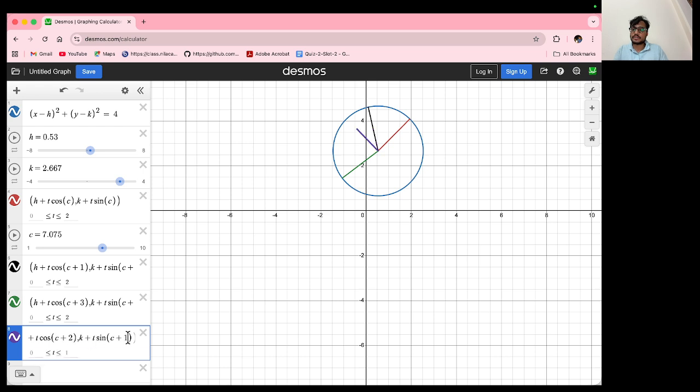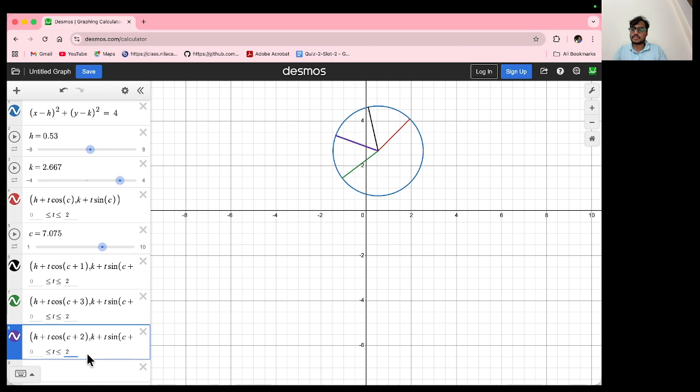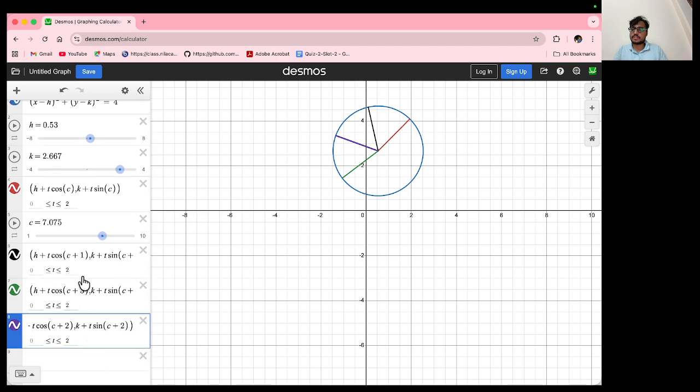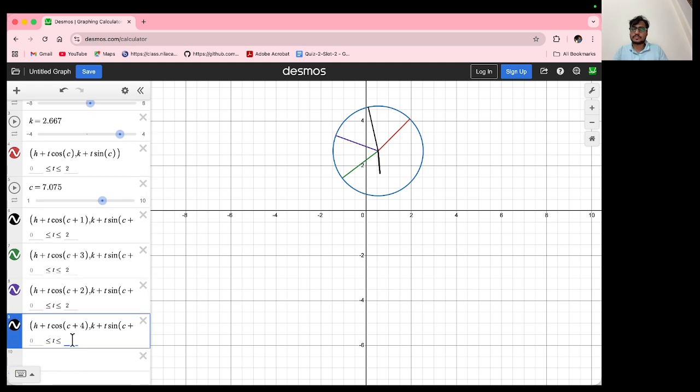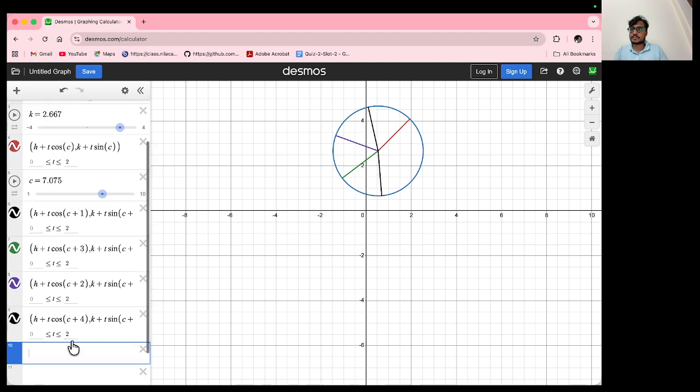So here it is 2, and the boundary condition for t is from 0 to 2. I will add some more, and the boundary condition is from 0 to 2. I will add some more.